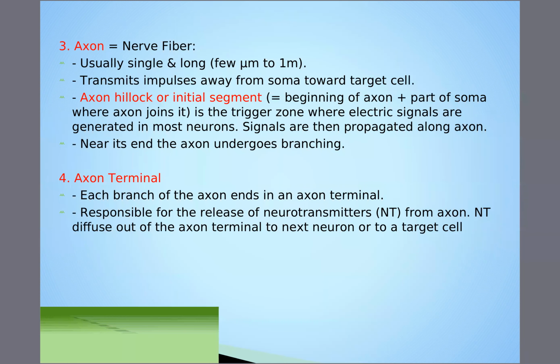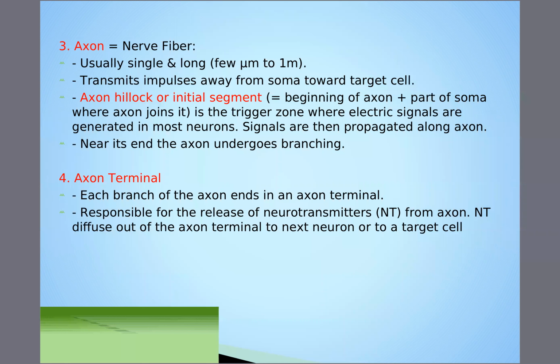The axon, which is the nerve fiber, is usually single and long, and transmits impulses from the soma to the target cells. The axon hillock, or initial segment, is the beginning of the axon and part of the soma, where the axon joins it. It is the trigger zone, where electrical signals are generated in most neurons. Signals are then propagated along the axon.